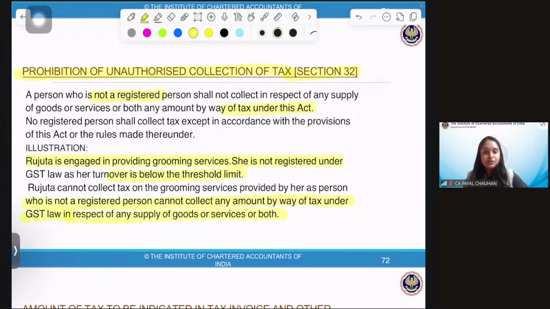Unless I'm registered, either compulsory or voluntary, I am not authorized to collect the tax from the recipient, right? Understood? Perfect. So 32 is done.